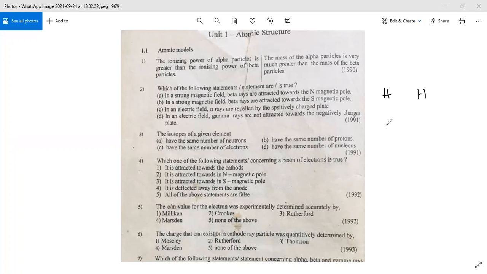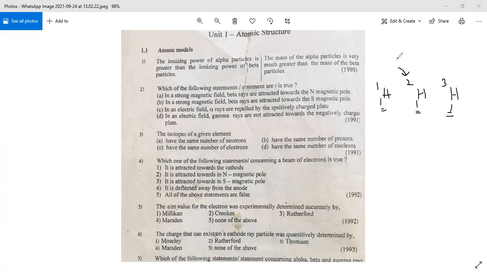For example, hydrogen has three isotopes, and there are many others also: protium, deuterium, tritium. You know the atomic number is the same, meaning the number of protons is the same. The mass number is proton number plus neutron number. So the proton number is the same; the only difference is the neutron number.